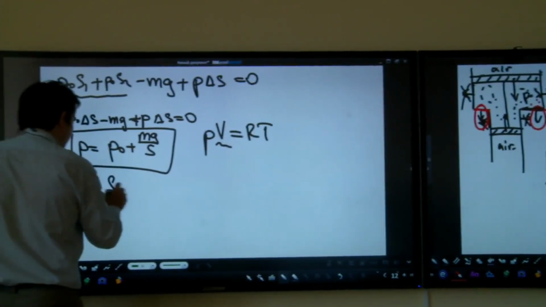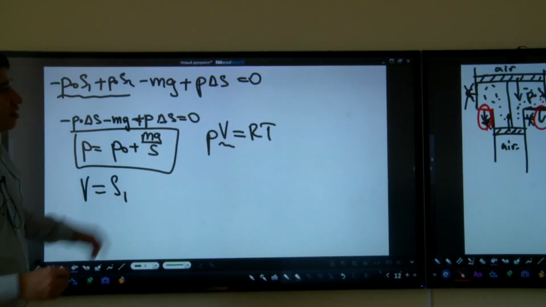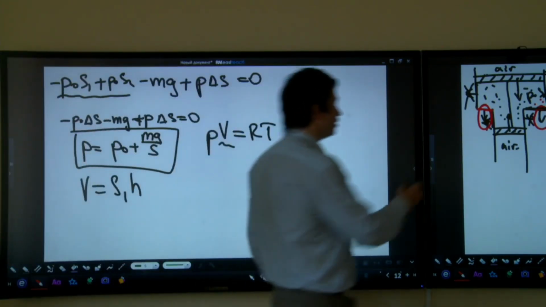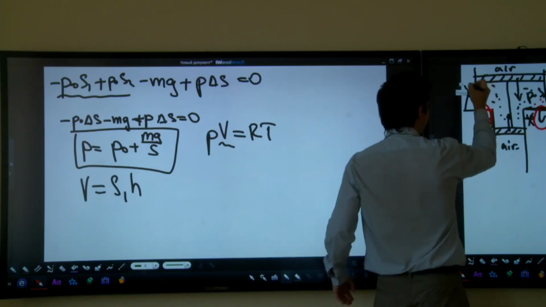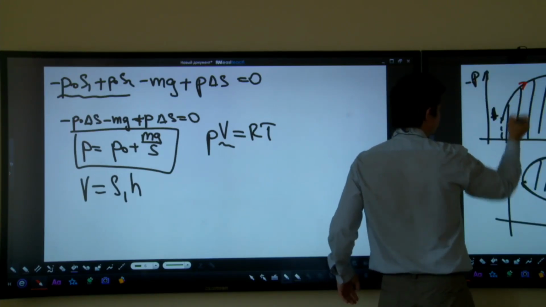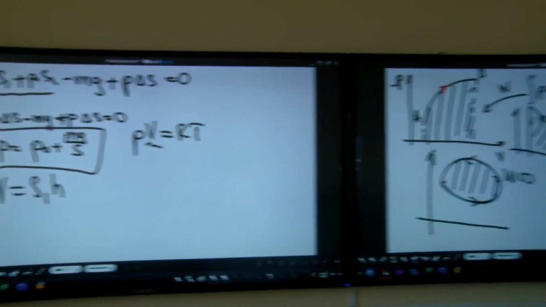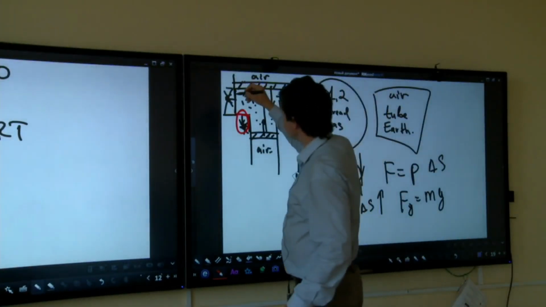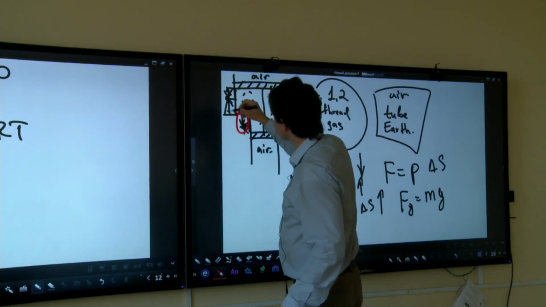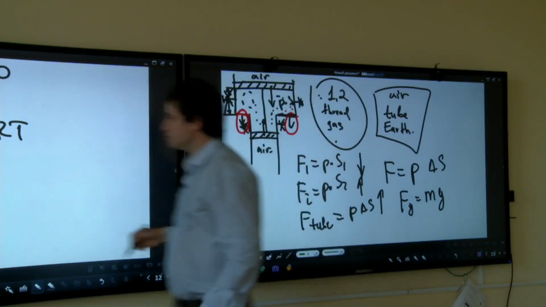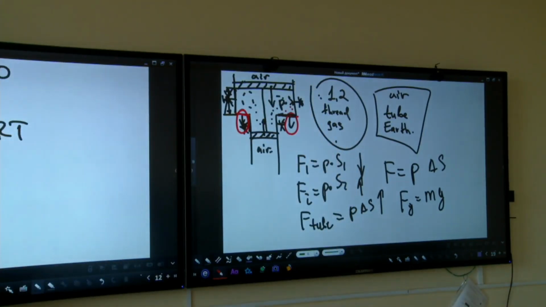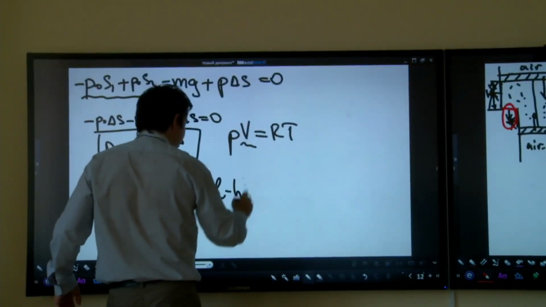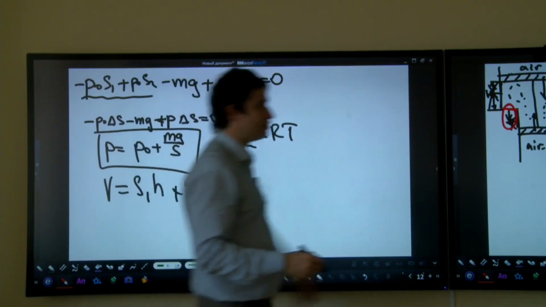S1 times h, where h is the altitude of this first piston, plus S2 multiplied by L minus h, where L is the length of the thread.